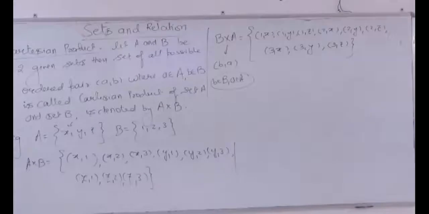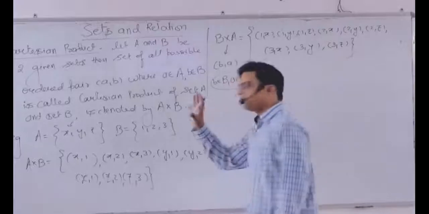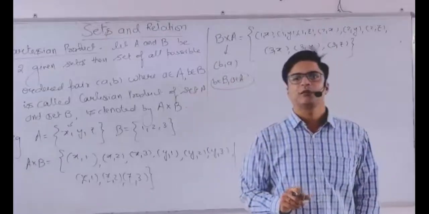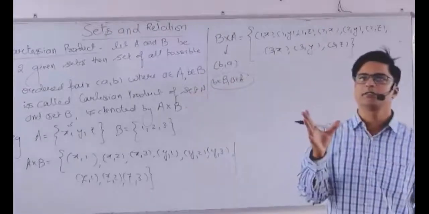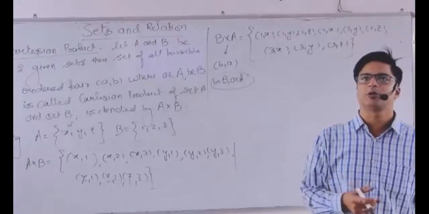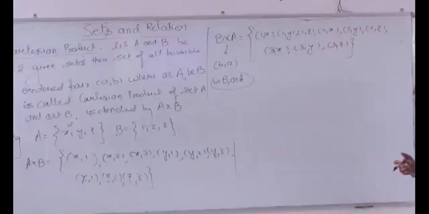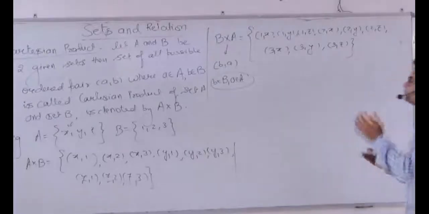Don't take a screenshot. Completed? Okay. So if I give you any two sets, it is very, very easy to find their Cartesian product. Yes or no? Very easy, so I'm not going to indulge in those kinds of questions.